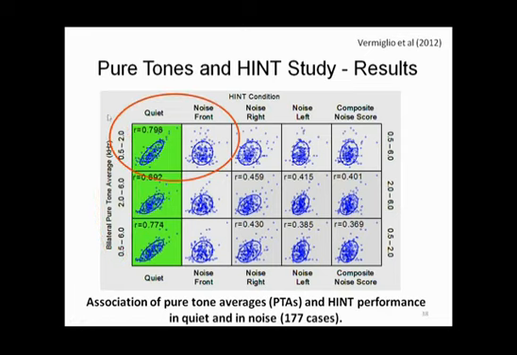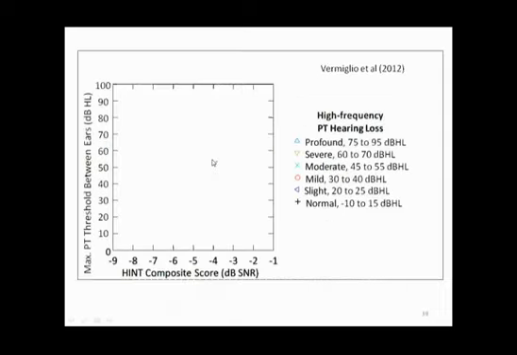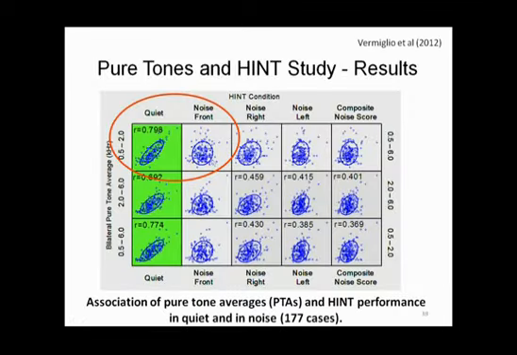And look at the relationship between the quiet threshold and the bilateral pure tone average. A very strong relationship, but look at the relationship between the noise threshold and the bilateral pure tone average. There's no relationship there. Nothing is significant. As a matter of fact, let me go back.